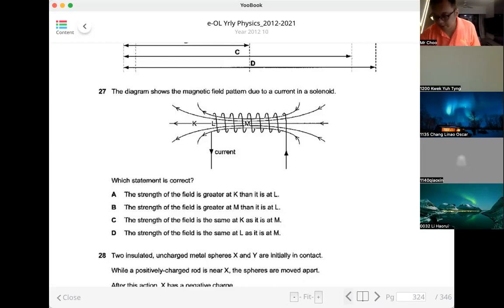Bei Kwan, can you see here? K is this far apart. L is this far apart. Hold on, can you see or not? Let me zoom in.